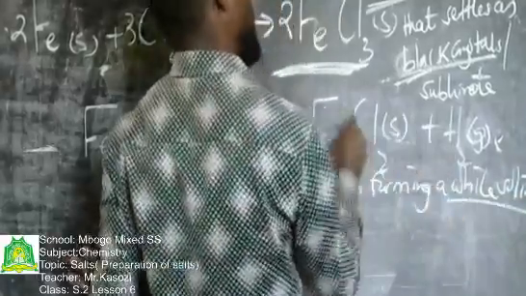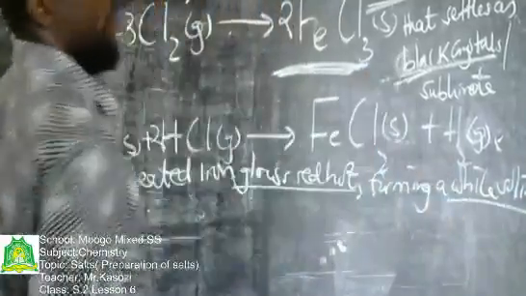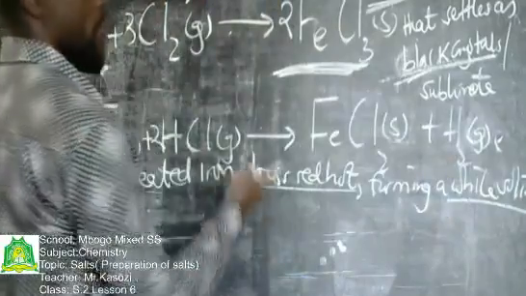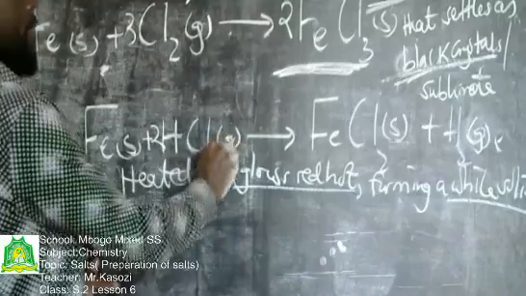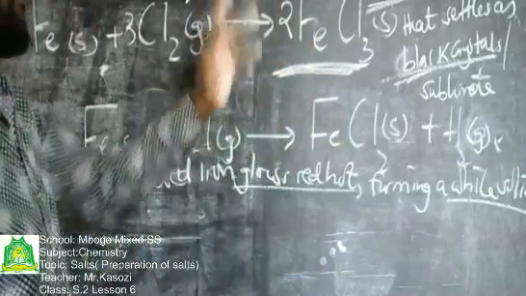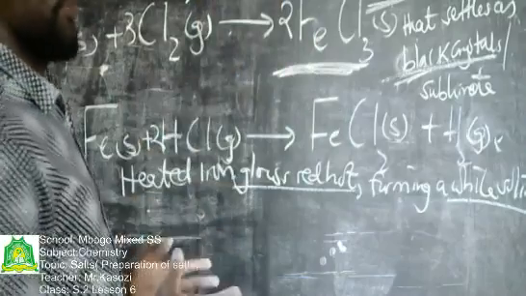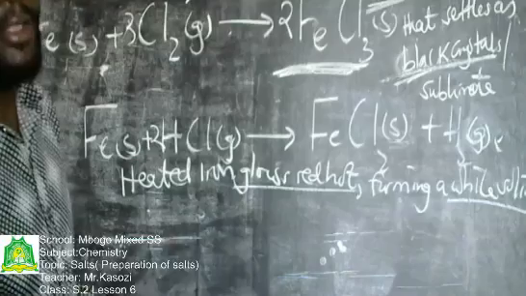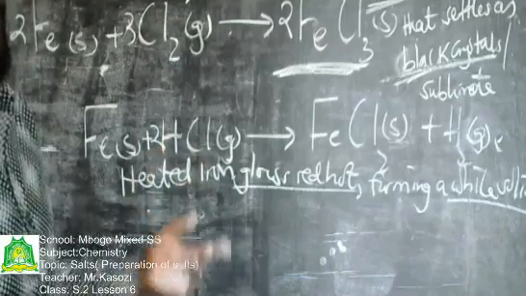This is obtained as a white solid because the reaction does not involve water. We are passing a gas. So iron 2 chloride, iron 3 chloride, aluminium chloride, calcium chloride, it is anhydrous, zinc chloride, magnesium chloride.